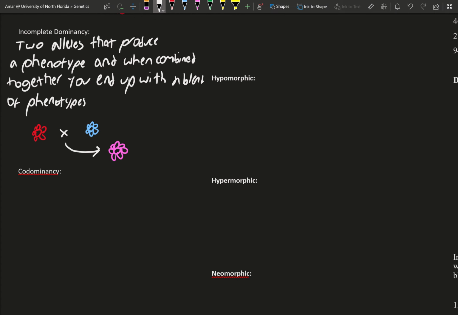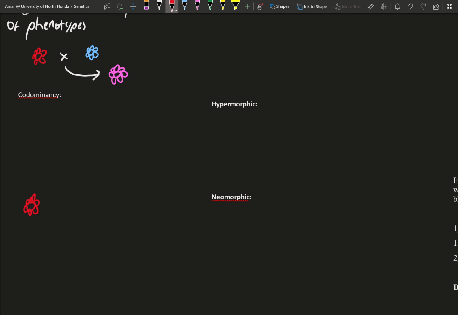Codominancy is another one that we have to go over. This one is essentially kind of the same thing as incomplete dominancy, but instead of blending the two phenotypes together, you're actually combining those phenotypes into a single one. So let's say we had this red flower and we crossed it with a blue flower.